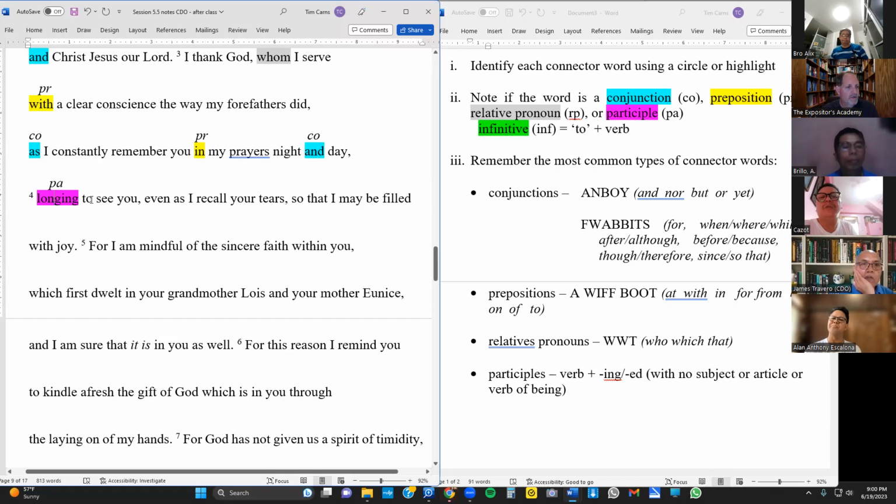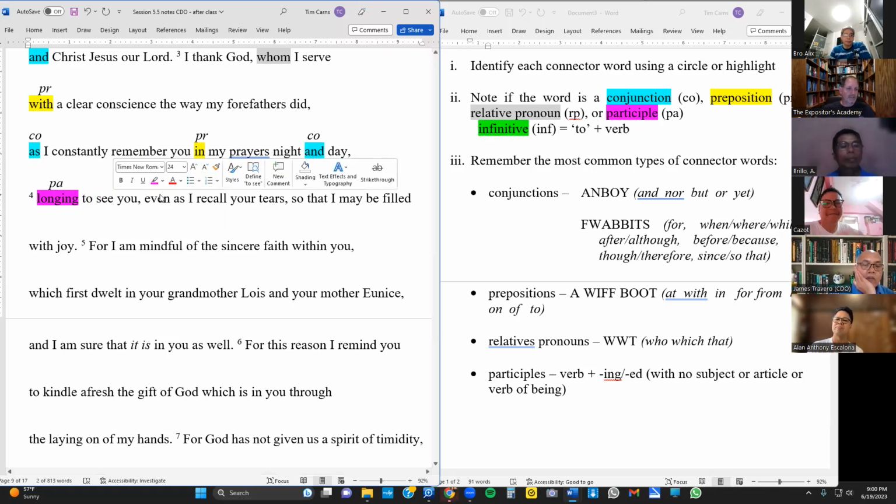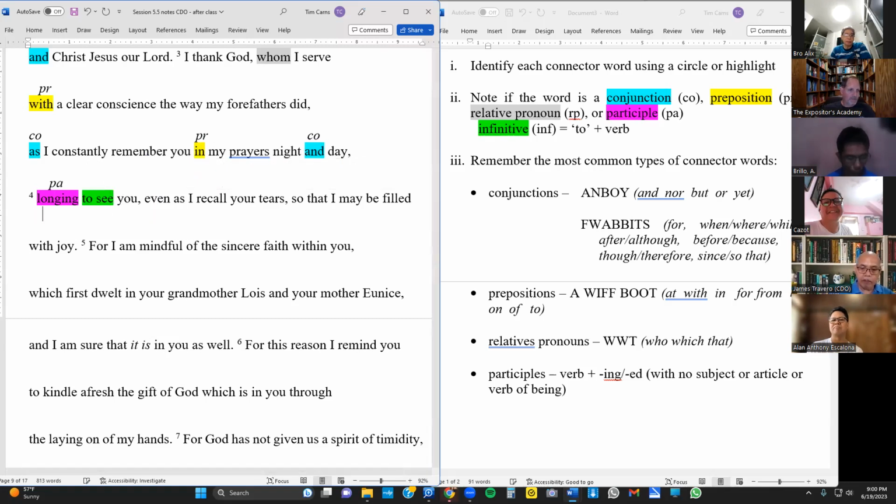"To." Okay, it looks like a preposition, but remember, what did I tell you? There's a verb after it, so a "to" verb, see, is actually an infinitive. And I'll just put that here: infinitive. Now again, I'm not saying that it's a connector word.